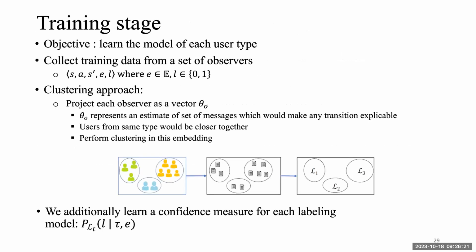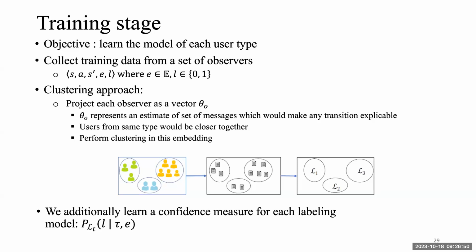All right, now coming to the training stage. Here, our objective, remember, is to learn the model of each type of user that the agent can possibly interact with. For this, we collect training data from a set of observers. The data is of this type: you have a transition, you have a message, and you have an explicability label given by the observer. Now, what we essentially do is cluster this data directly into user types.